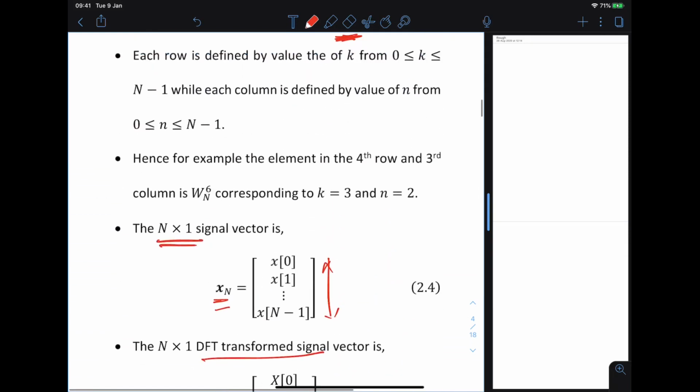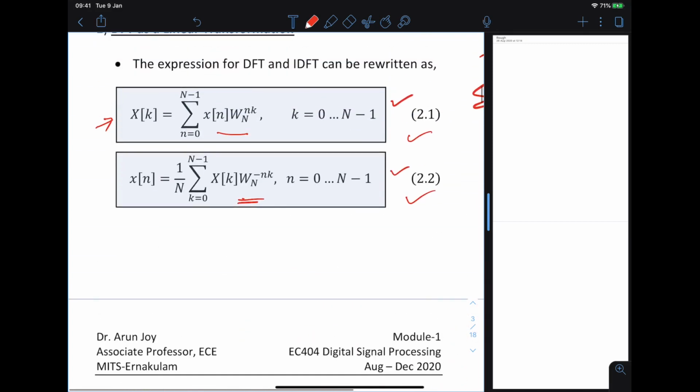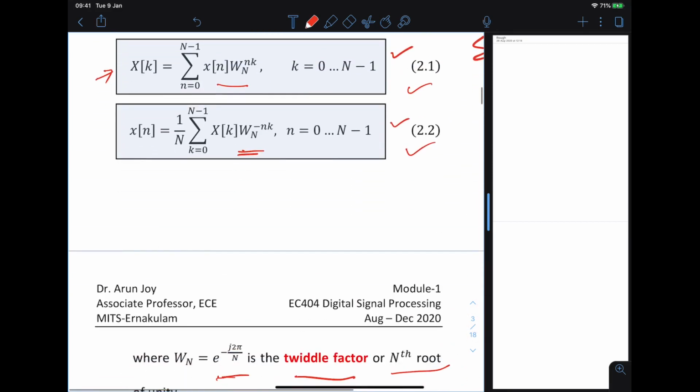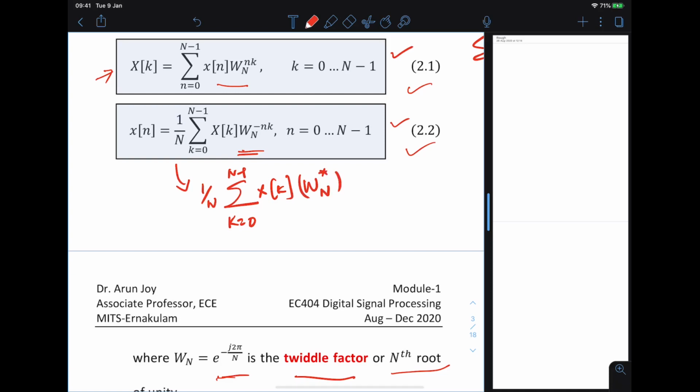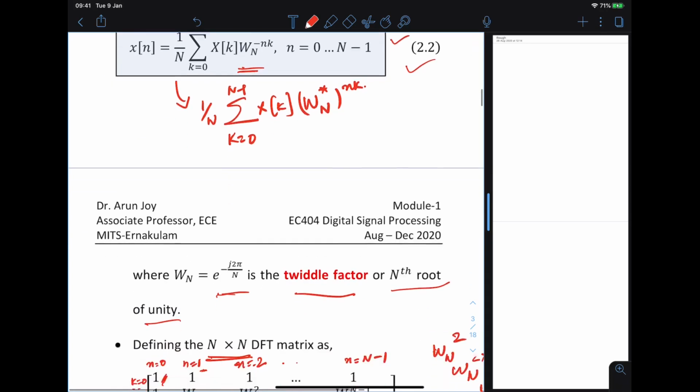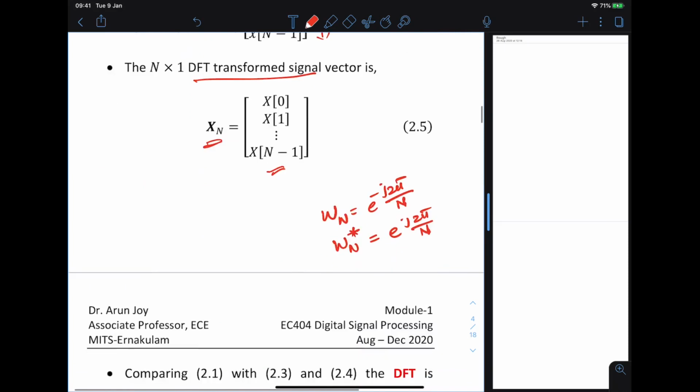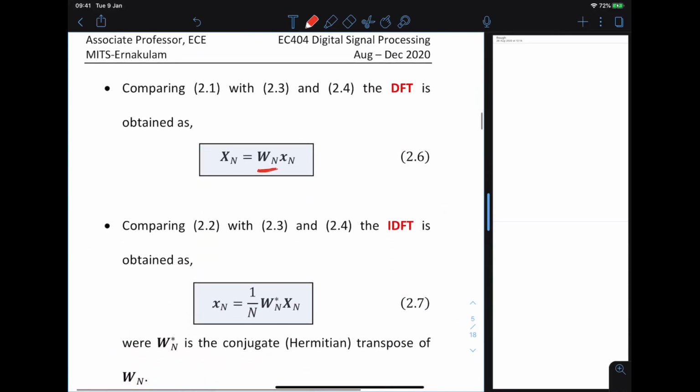Now I can represent this particular expression as 1 by N, summation k equal to 0 to N minus 1, X of k, W_N conjugate of nk. That is the same thing. So that way I will get this particular answer.